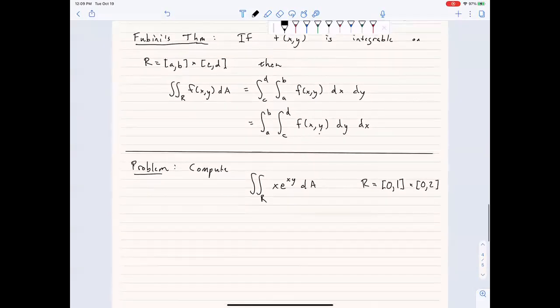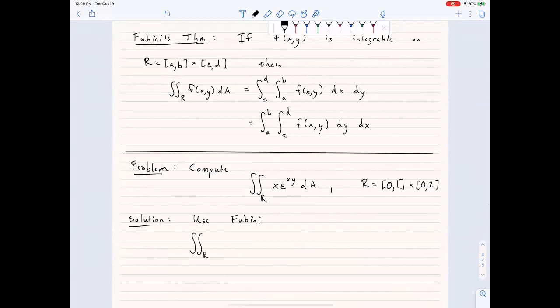All right. So we're going to compute this double integral. We want to use Fubini and make this double integral into an iterated integral. So I'll rewrite it.